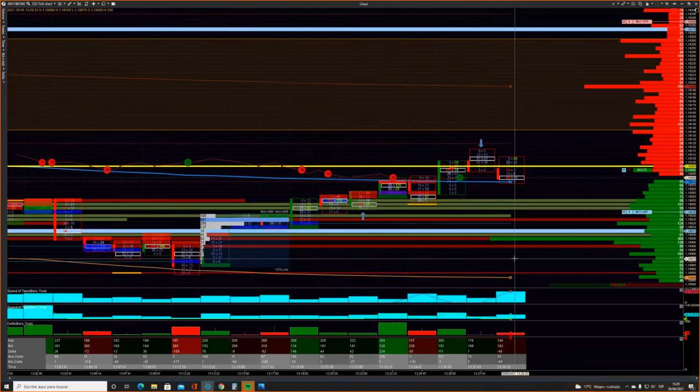Every tick with 1 lot is $6.25, in case you didn't know that. So if we open 3 lots, you're getting 18.75, just like you're looking at now, for every tick.